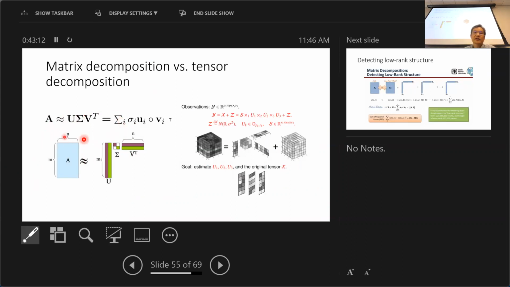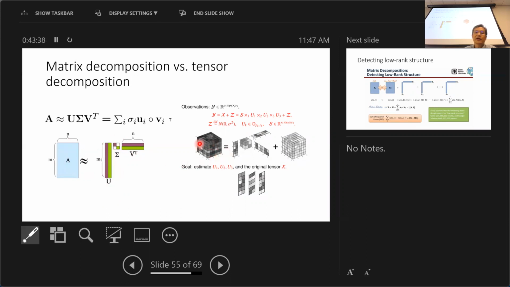So in SVD analysis, we can decompose this A matrix into U sigma V. This U and V are smaller matrices, or even just one vector is okay. You can construct this.